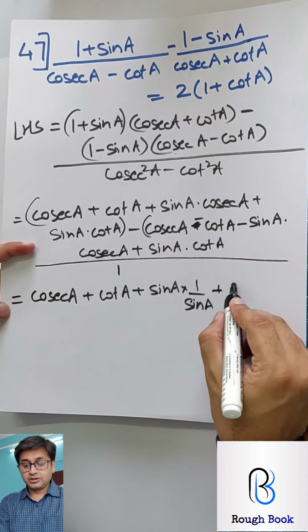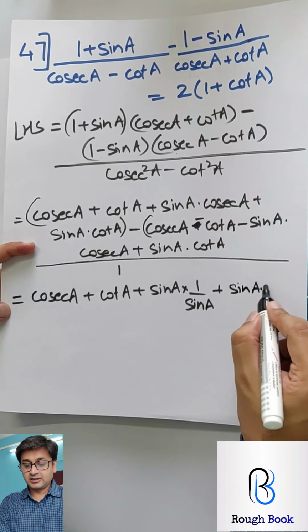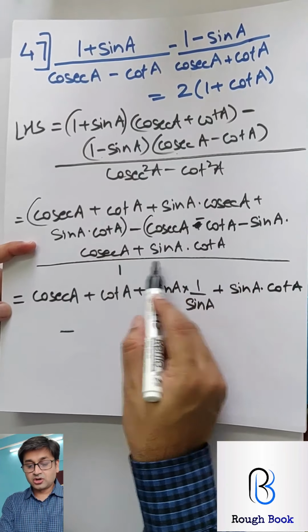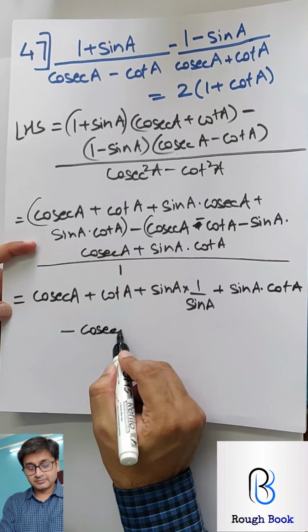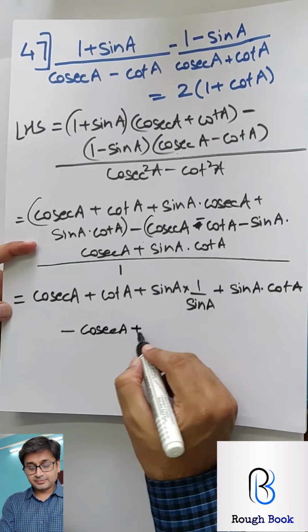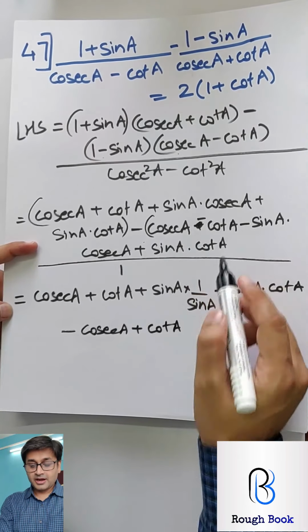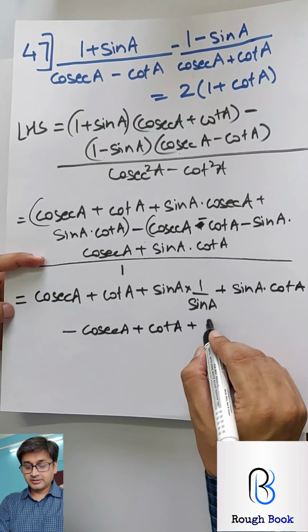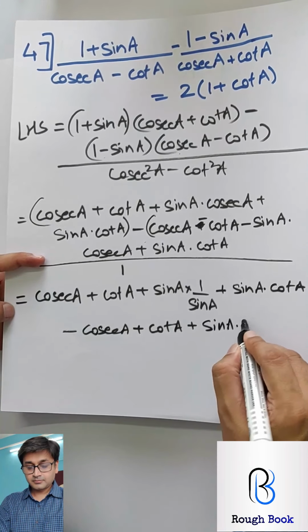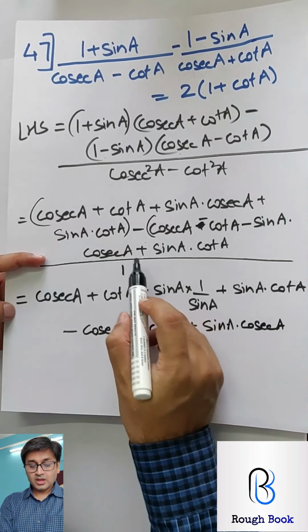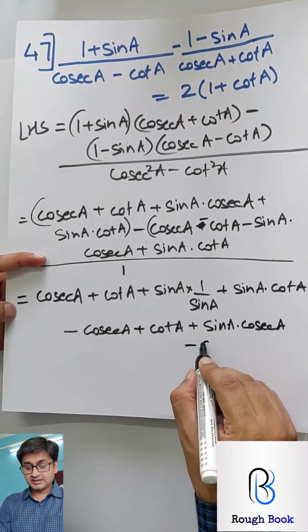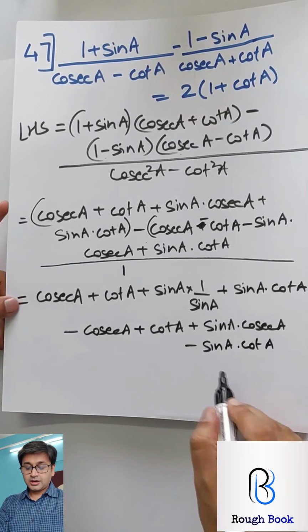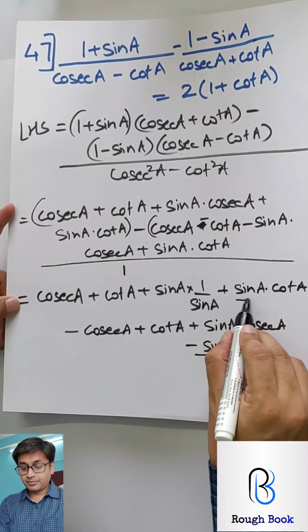Sine into cot, nothing you need to do. Just keep it as it is. Sine into cot. Further this side, minus, so change all the signs. Minus cosec. Minus minus plus cot. Minus minus plus sine A into cosec A. And plus into minus minus sine A into cot A. Now here you go, minus plus.